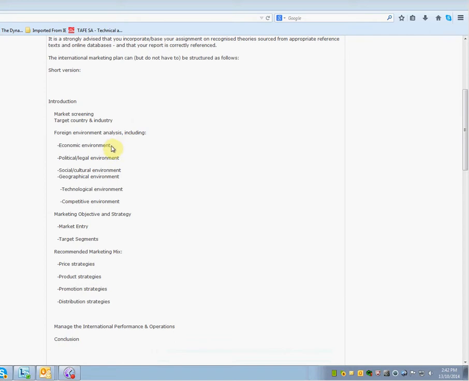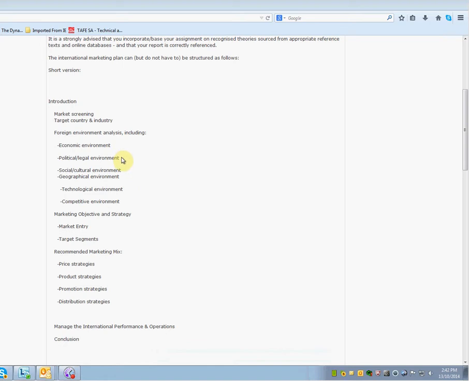You might want to look at exchange rates, in some cases inflation, if inflation is really high. So just look at some key economic factors and see how they are performing for the country that you're expanding into. That will have great implications later for your pricing strategies in that marketplace.